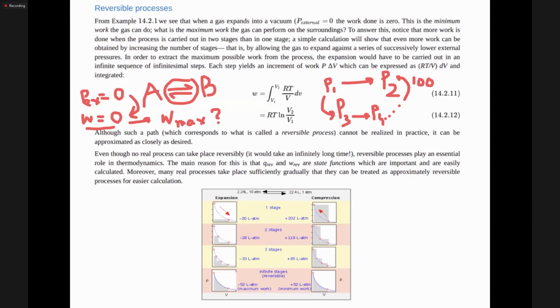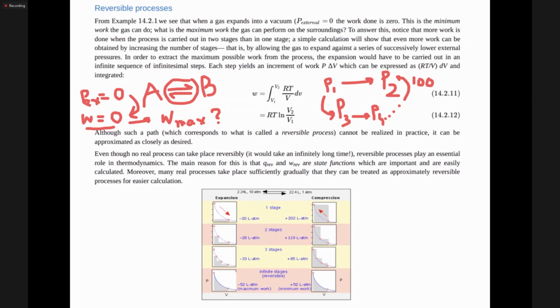So, in order to extract the maximal possible work that can be obtained from the process, what is the maximum amount of work that we are concerned about? Then we have to incorporate more and more internal stages. So more and more successively lower external pressures will be introduced.